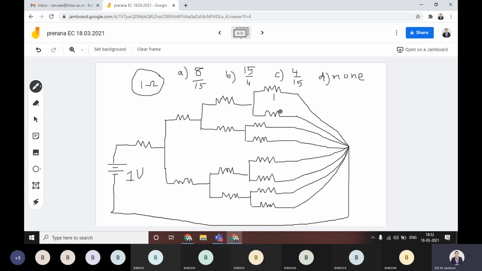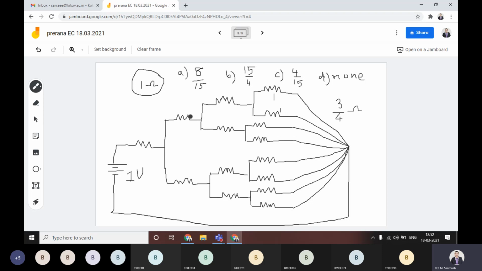This is 1 and this one is 1, which will result in 0.5. 1 plus 0.5, 1 plus 0.5, which will give you 1.5, 1.5 in parallel. This combination will give you 1.5 by 2, that is equal to 3 by 4.